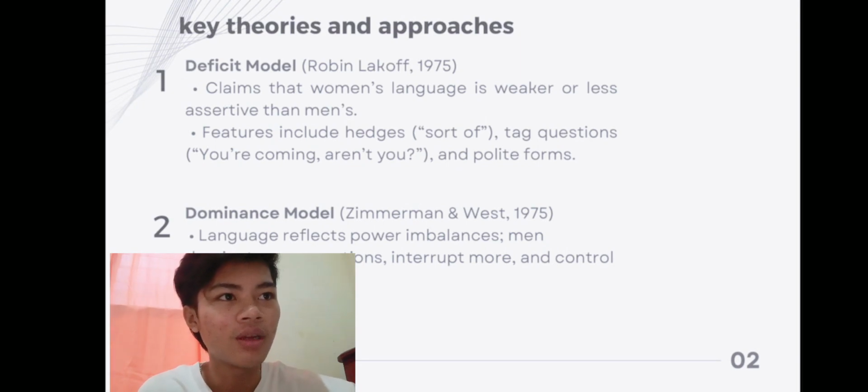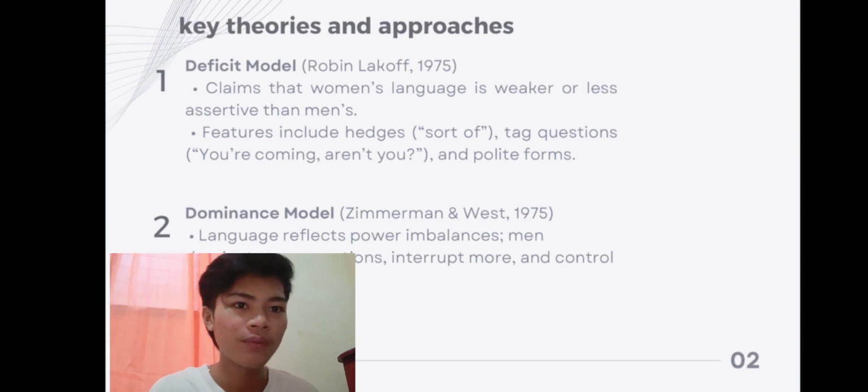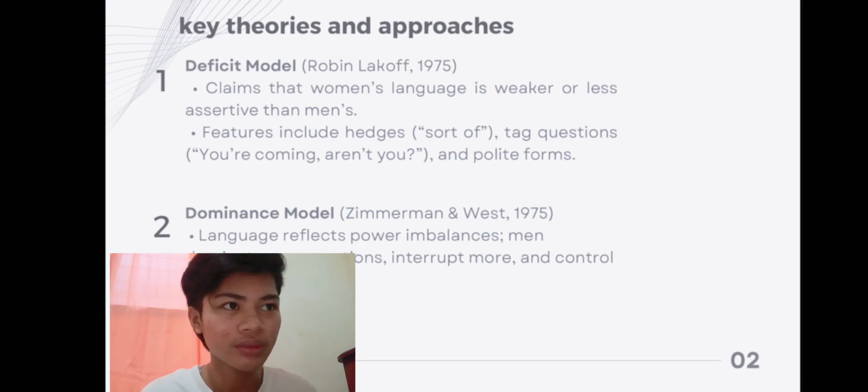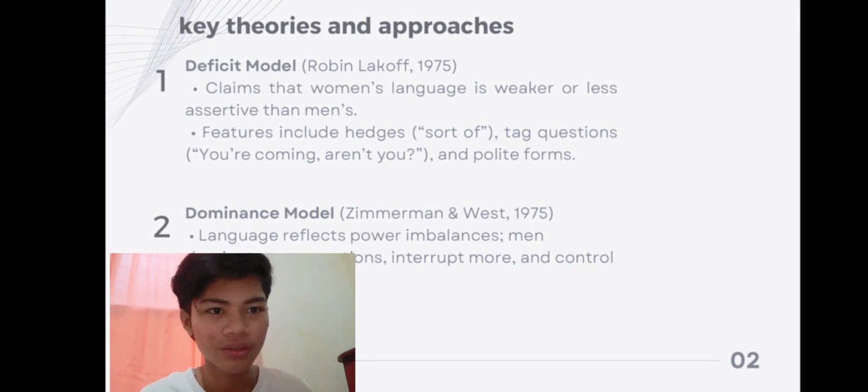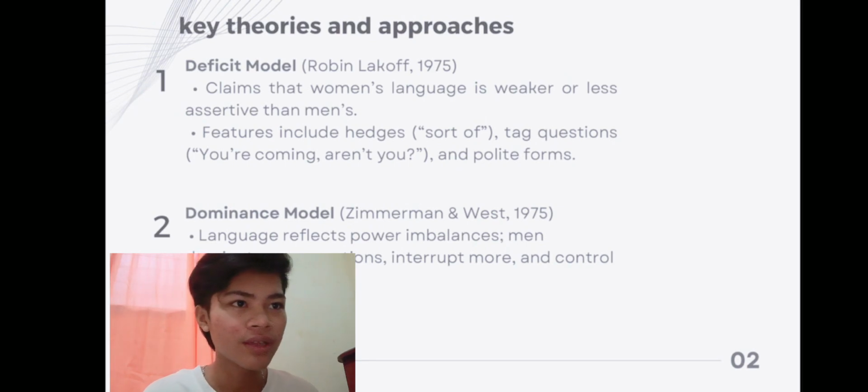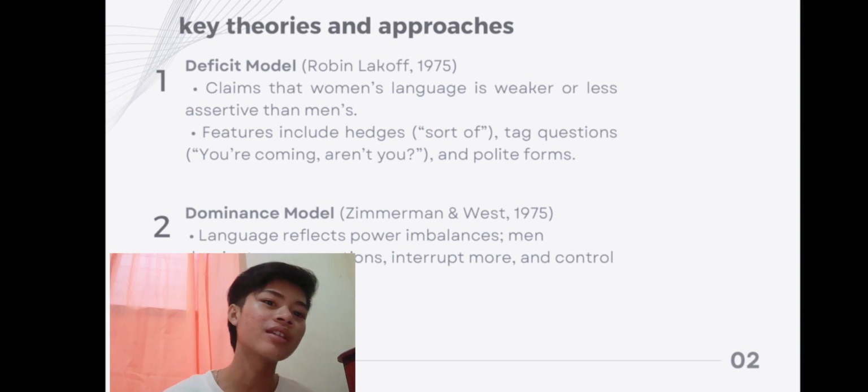Number two, dominance model. It focuses on power. It says that men usually dominate conversations. They interrupt more, talk longer, and control topics. It reflects how gender power works in society.